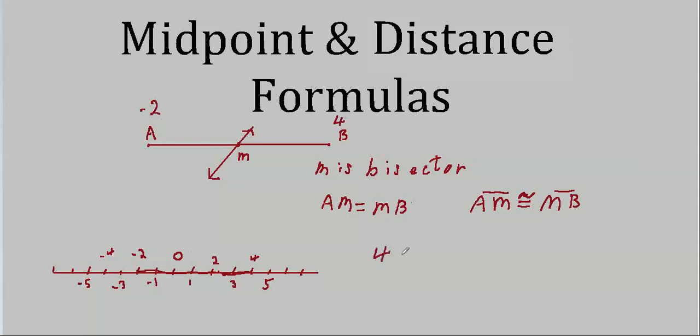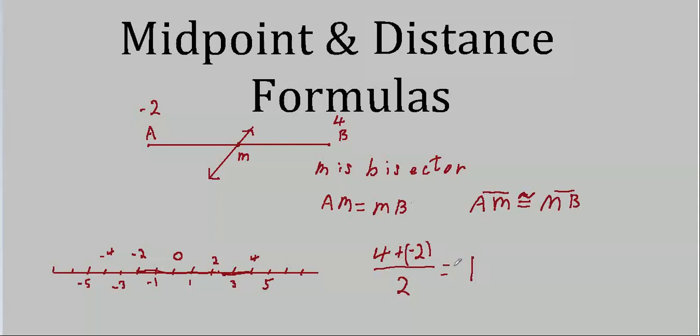So we have 4 plus a -2. Don't forget to do it right. Don't write 4 plus 2. You'll have a problem. And you divide that by 2. And that, of course, is 1. 4 plus a -2 is 4 minus 2, which is 2, and 2 over 2 is 1.